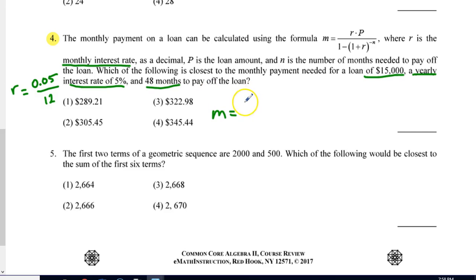All right. Well, in that case, proceed to sub in. So 0.05 divided by 12 multiplied by P. P is the loan amount. That's going to be $15,000.